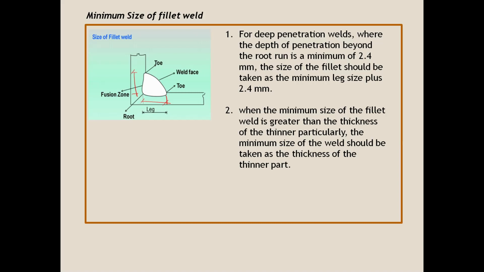The distance from the weld face to the root is known as the deep penetration. You have to calculate this value as the minimum leg size plus 2.4 mm.